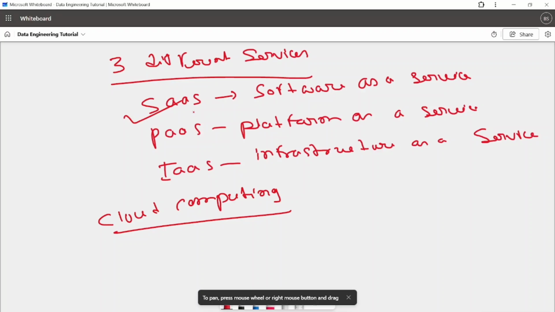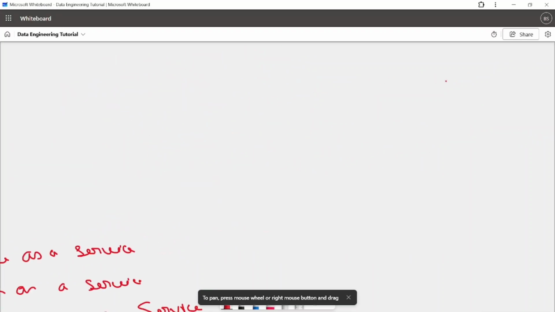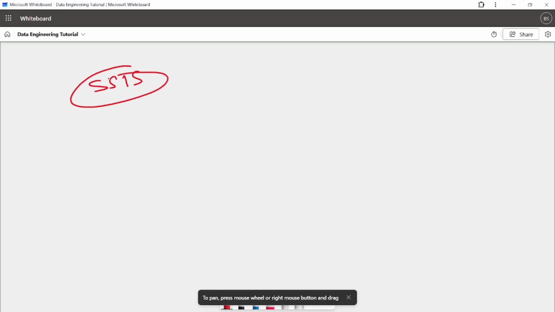For example, take an SSIS project, which is being migrated to the cloud. SSIS, SQL Server Integration Services, is a Microsoft tool designed for ETL processing.